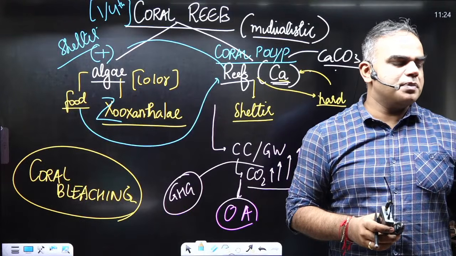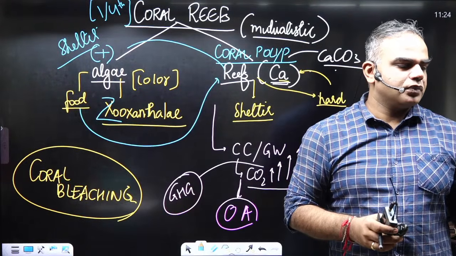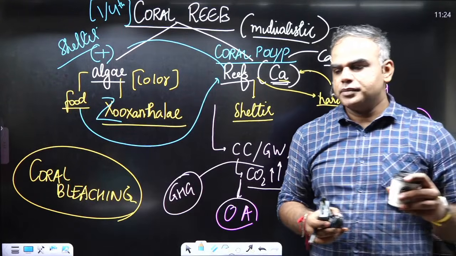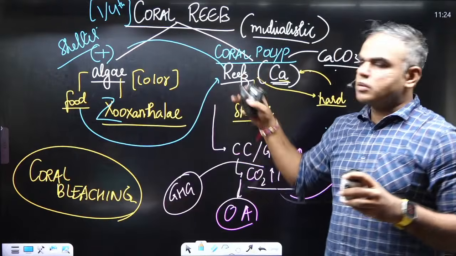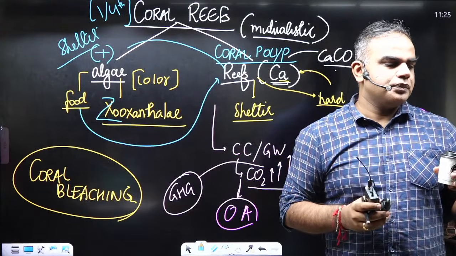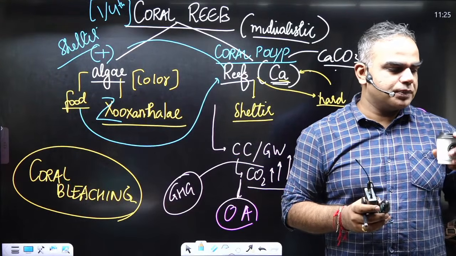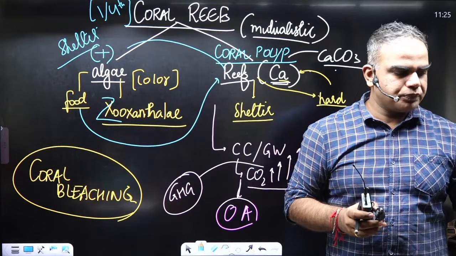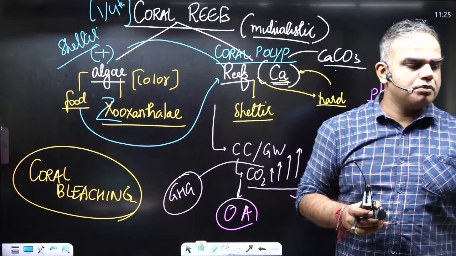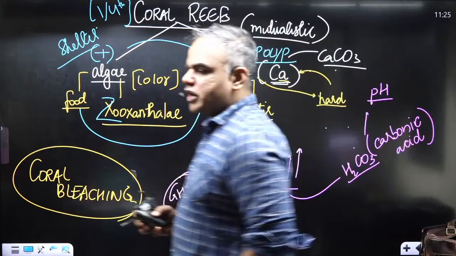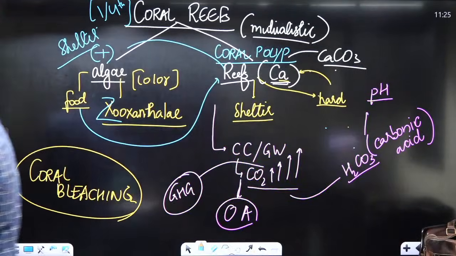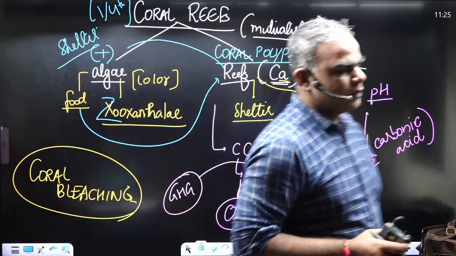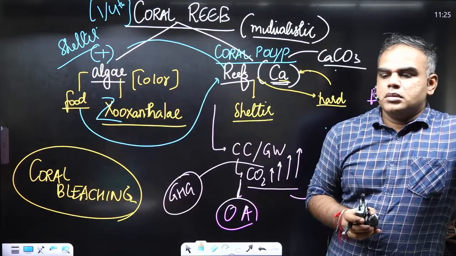Coral polyp has an exoskeleton made out of calcium carbonate. Write it with a dash like this.